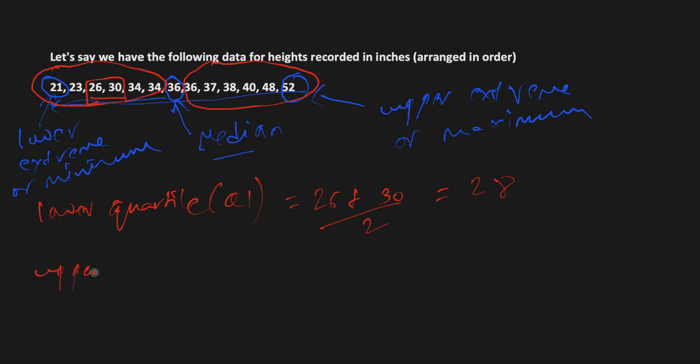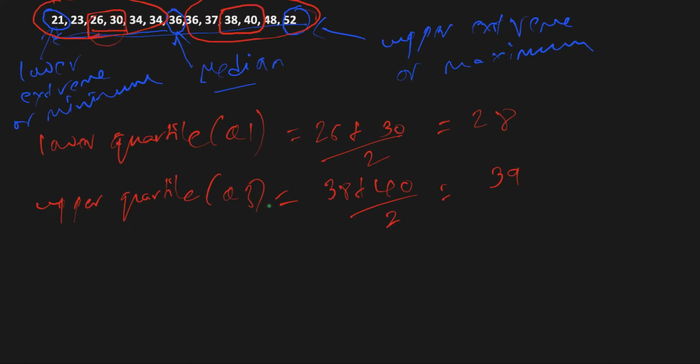And the upper quartile, which is Q3, is the average of these two, 38 plus 40 divided by 2, so that's 39. Okay, so that's how we get all the 5 points. We get our minimum, our median, the upper extreme, and then we calculate Q1, and then we calculate Q3.